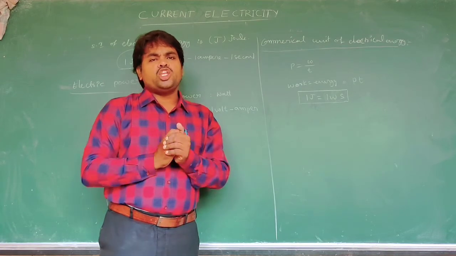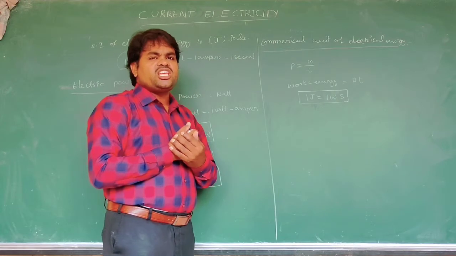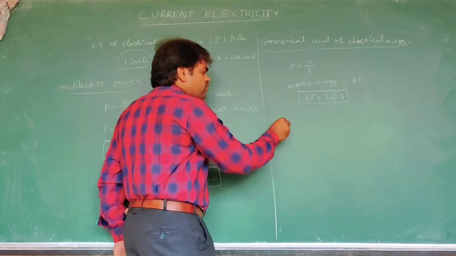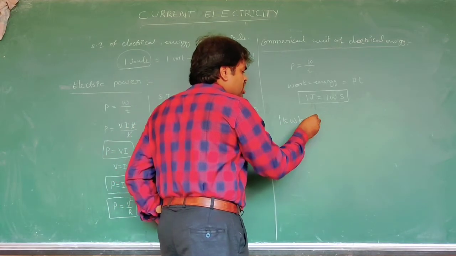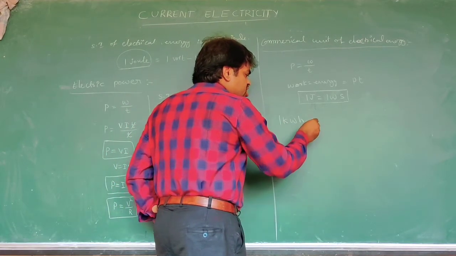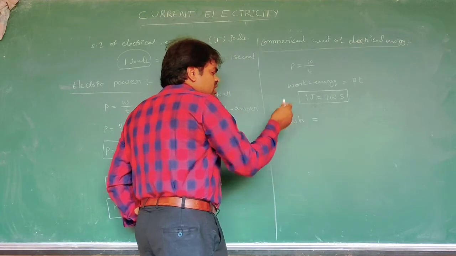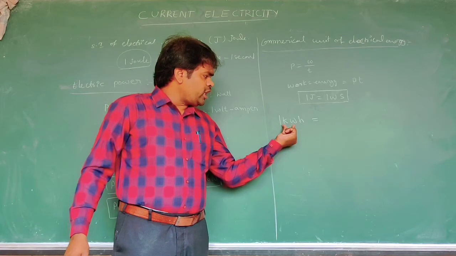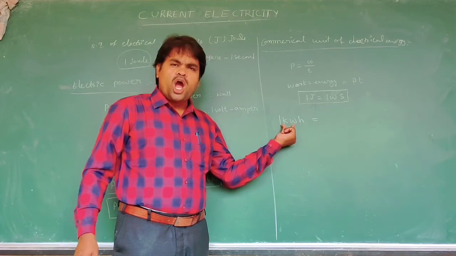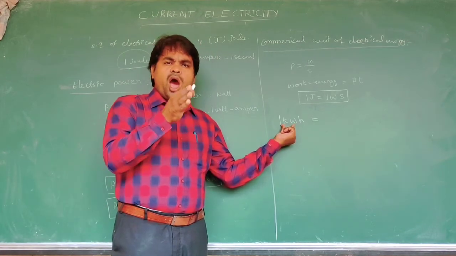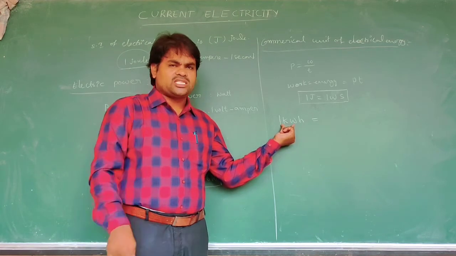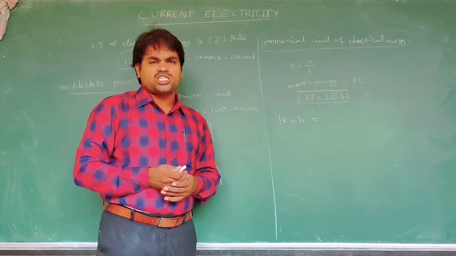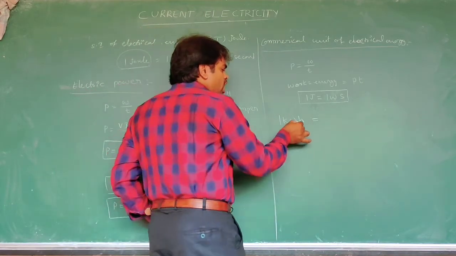That's why we use the other unit called the kilowatt hour. This is called the commercial unit of electrical energy consumed. That means if an electrical appliance of 1 kilowatt power works for 1 hour, it is called a kilowatt hour.